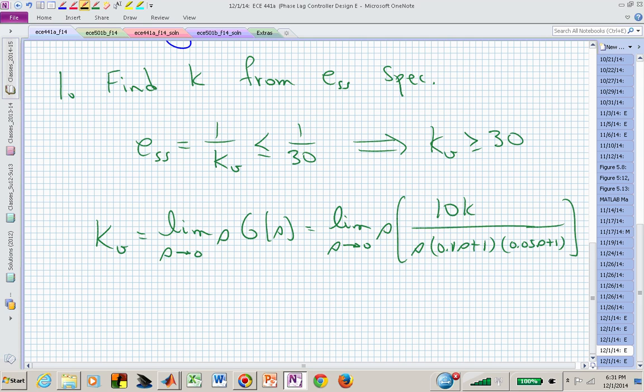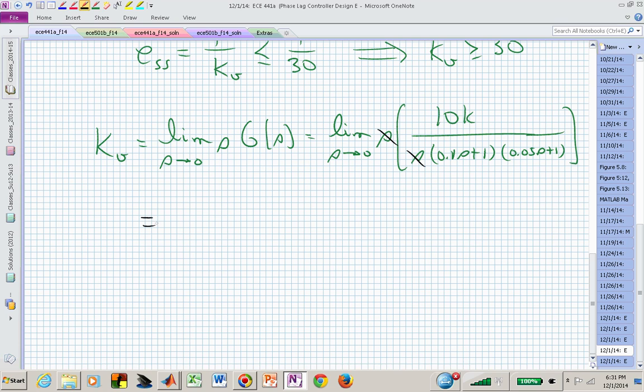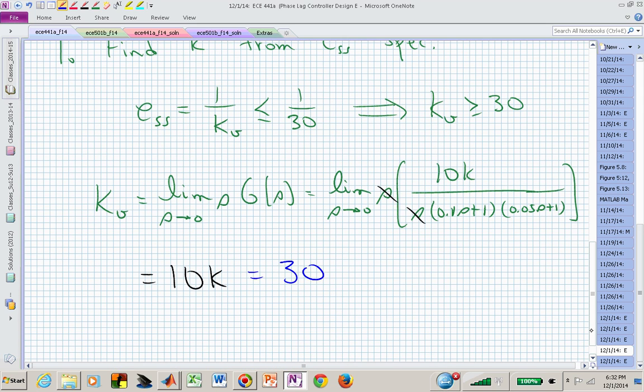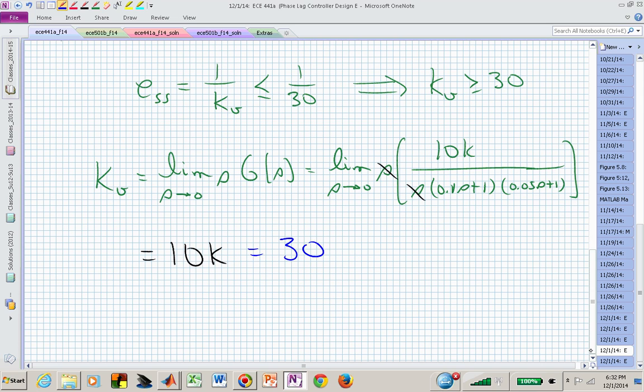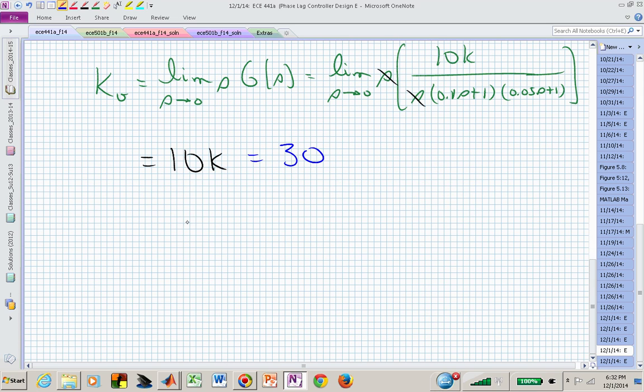We have the S's canceling. When we let S go to 0, the denominator just becomes 1, and we're left with our velocity gain constant equaling 10K. Let's just go ahead and look at barely satisfying our design spec. So let's make that equal 30, which we wanted K sub V to be bigger than or equal to.